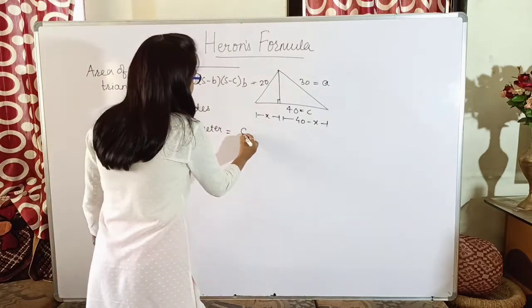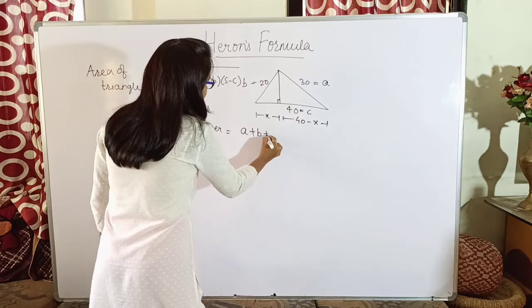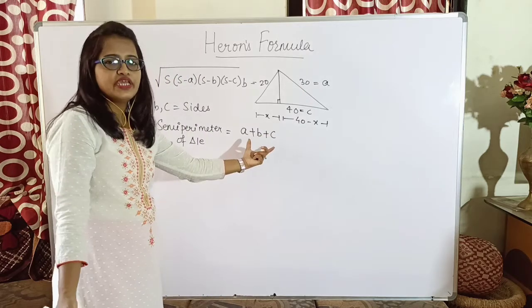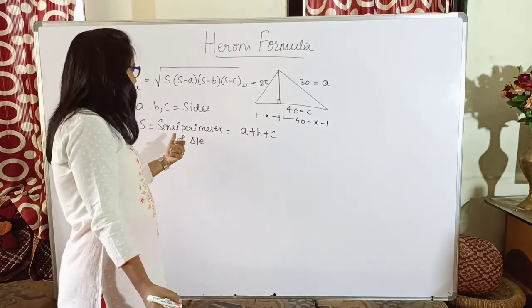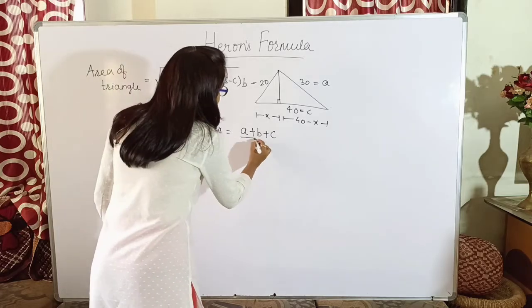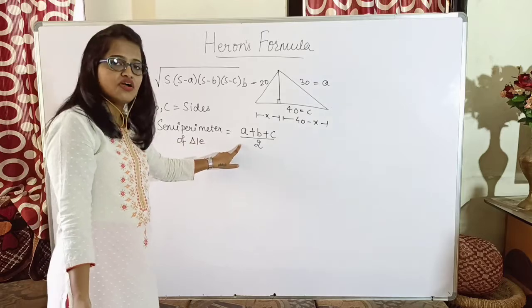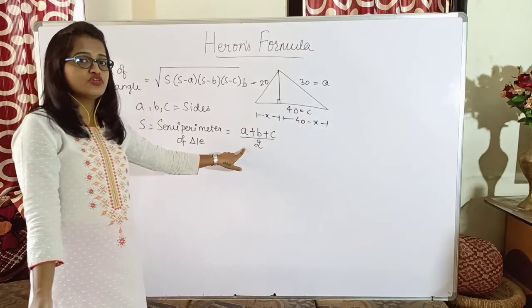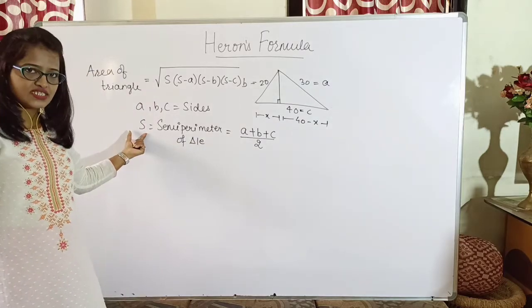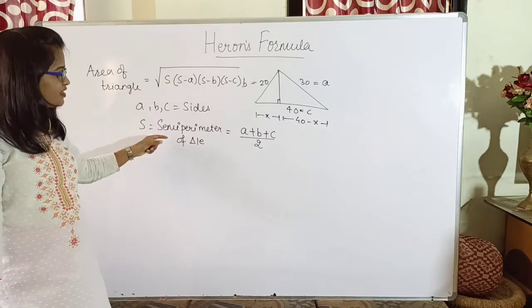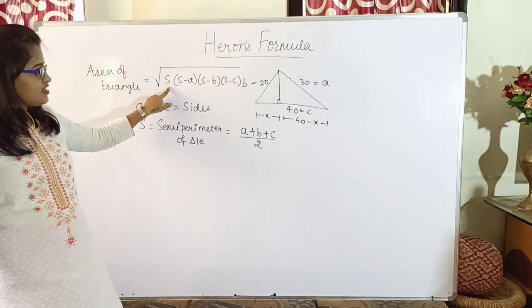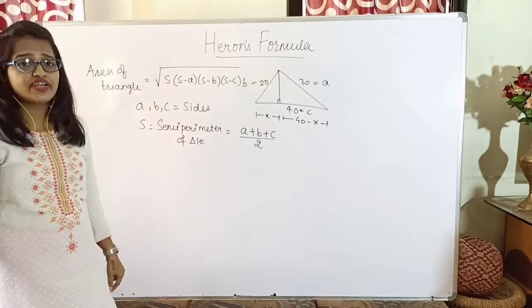Hence if A, B, C are the sides of the triangle, their perimeter would be A plus B plus C, and to take its semi-perimeter, I will divide it by 2. So by this formula, I will first find the value of S, which is nothing but the semi-perimeter, and then I will replace it here, and then I will find the area.